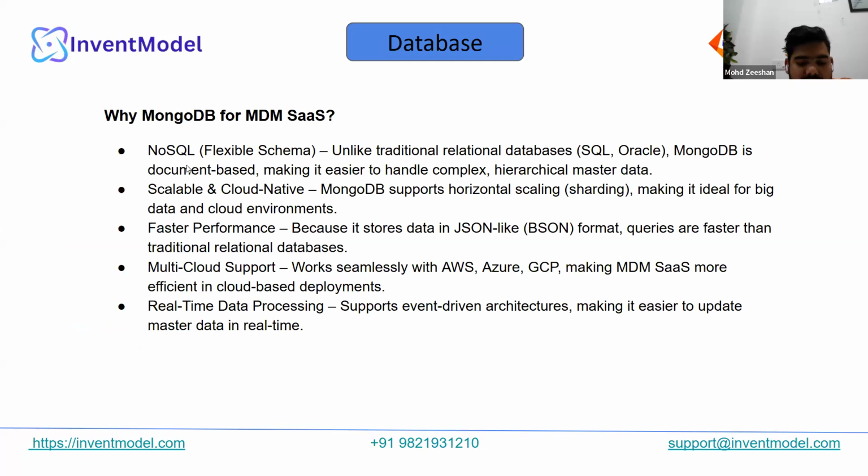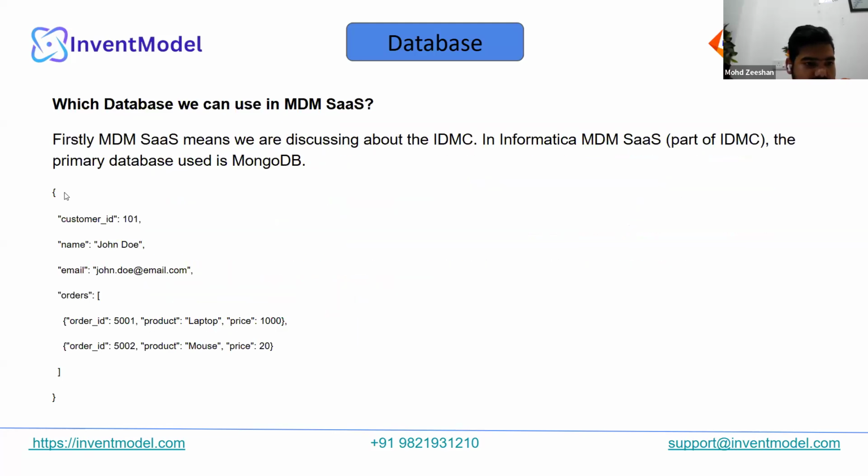Before this, we have to learn what MongoDB is and how the data is stored in MongoDB. In the previous slide, we can see the data is stored in this form in MongoDB. It is called JSON format. If you are aware of JSON, you can easily understand how it is populated.